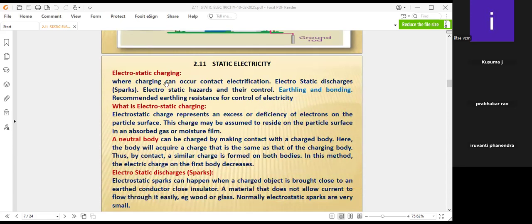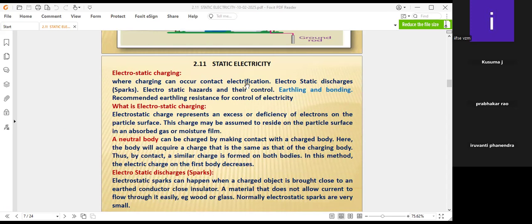Now, what is meant by electrostatic charging? What is electrostatic charging, how does a neutral body work, and electrostatic sparks will also be among the topic areas. Electrostatic charge is where charging can occur, definitely through contact electrification.